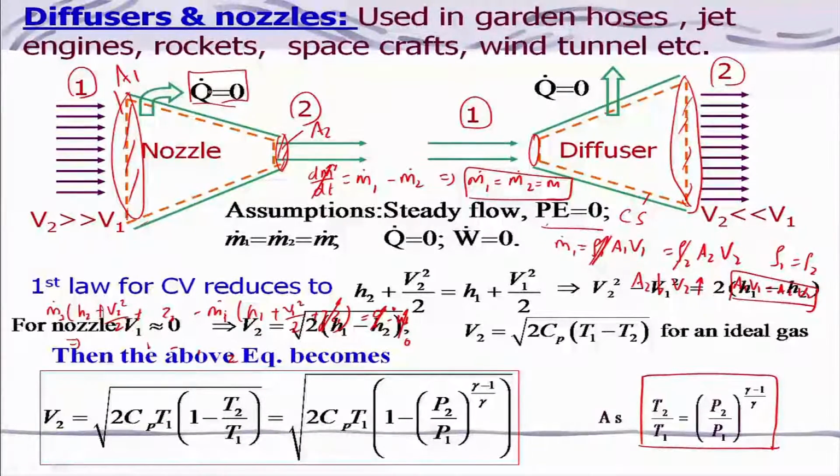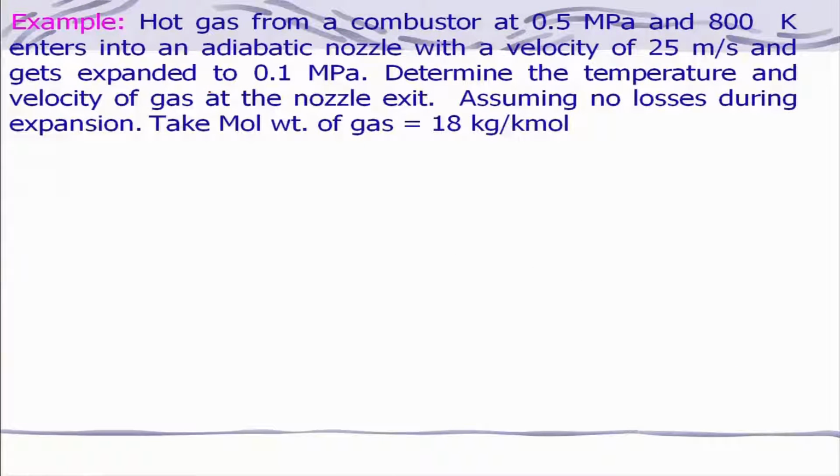Now we will take an example to see how to use this equation. Let us say hot gas from a combustor at 0.5 megapascal and 800 Kelvin enters an adiabatic nozzle, meaning there is no heat transfer from the nozzle, with a velocity of 25 meter per second, and gets expanded to 0.1 megapascal, basically atmospheric pressure.